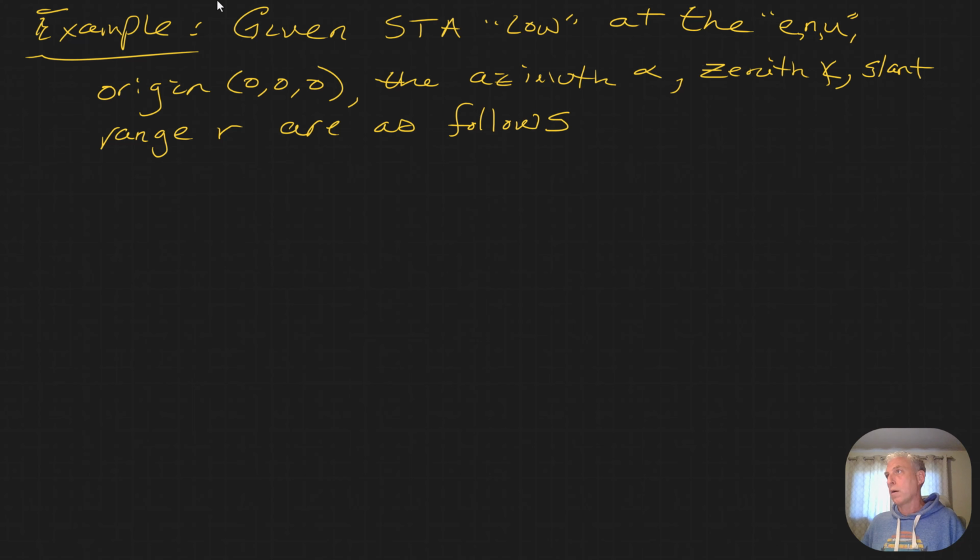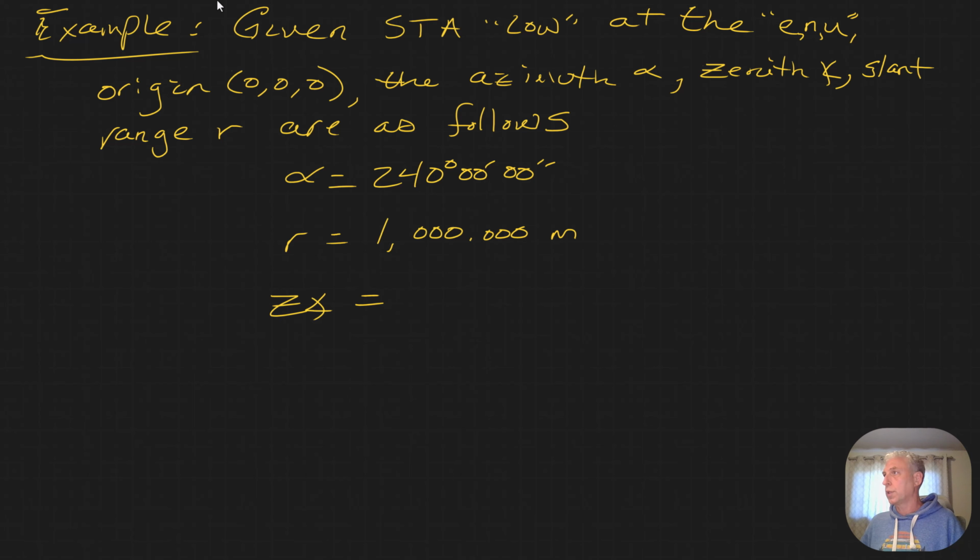We have alpha equals 240 degrees. Suppose we have a 240 degree azimuth. And our slope distance or slant range is 1,000 meters. And our zenith angle is equal to 92 degrees.